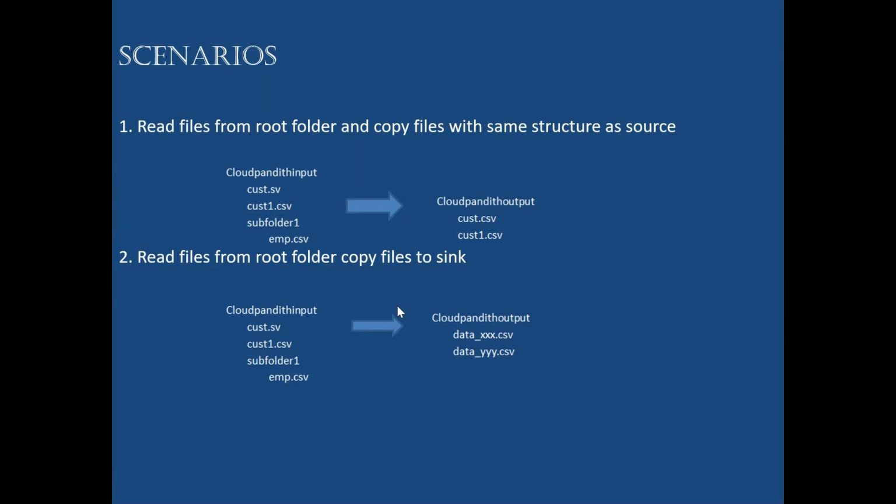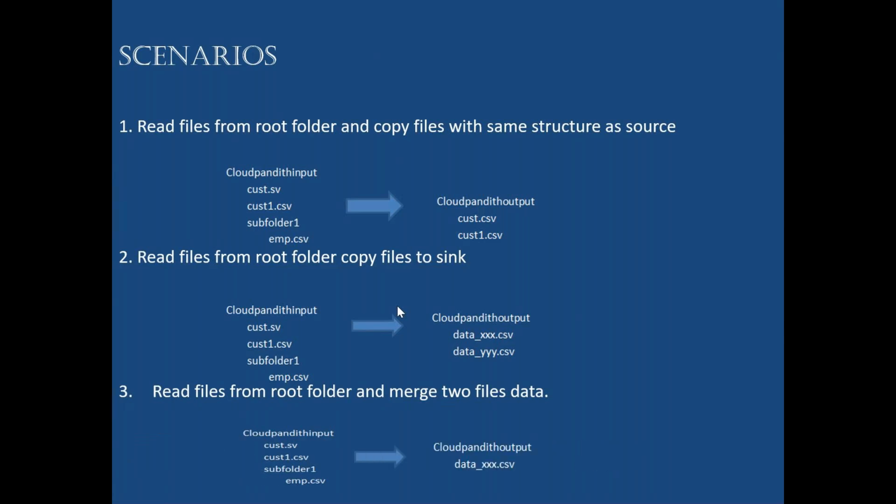If you use the flatten hierarchy, the files will be renamed automatically. So merging also can be done, but it will only consider the first two files, the root files. If you say recursive equal to false, this is how it takes only the root folder. If you say recursive equal to true, it will take the subfolder as well, whatever you have seen in the previous slide. Clear?